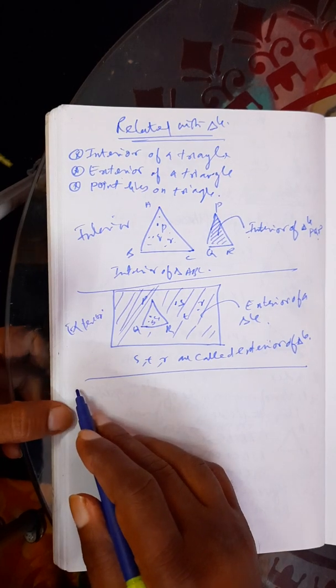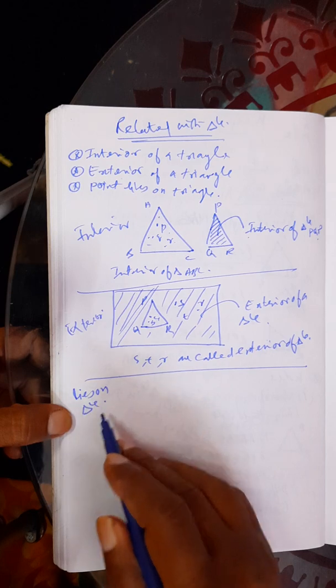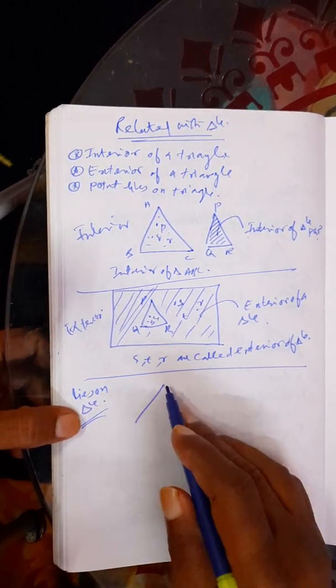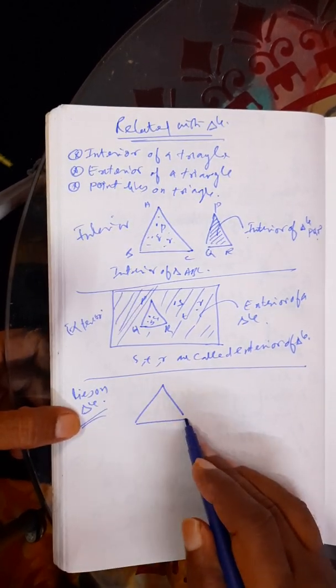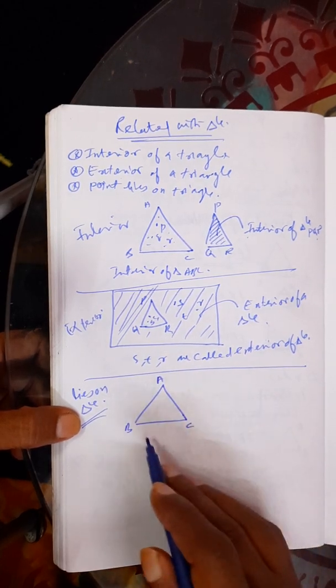Now, a point that lies on a triangle. This is a triangle ABC.